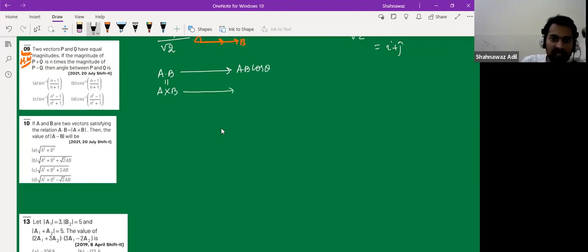The magnitude of AB sin theta, right? Don't bother about the n cap direction, so we are only interested in the magnitude. So the magnitudes are equal, right? So this will be cancelled out, and this guy comes here.